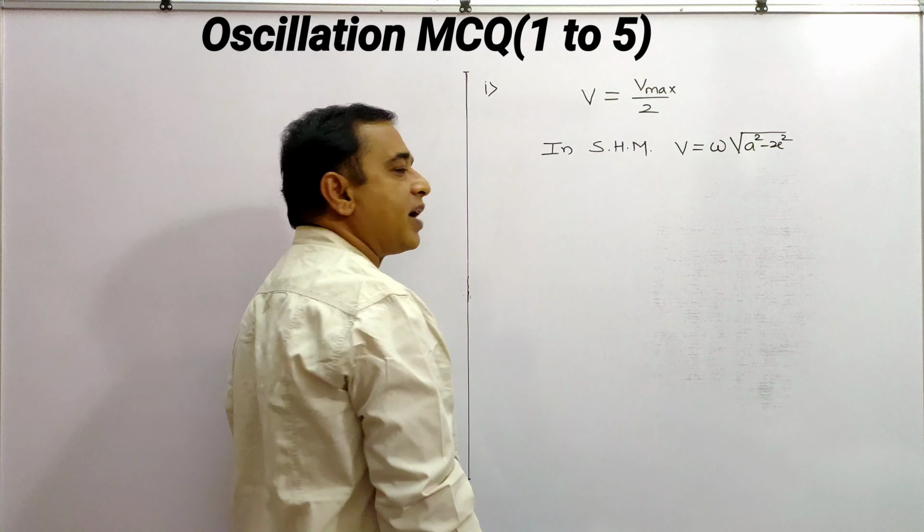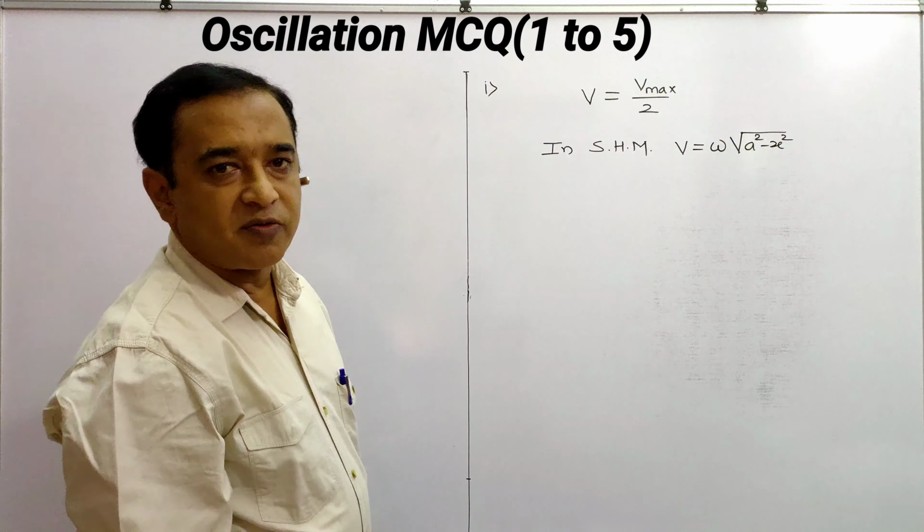A stands for amplitude, X stands for the displacement from the mean position. And what about the maximum velocity? The maximum velocity is given by A omega, where A is the amplitude. This is the maximum value of speed or velocity.